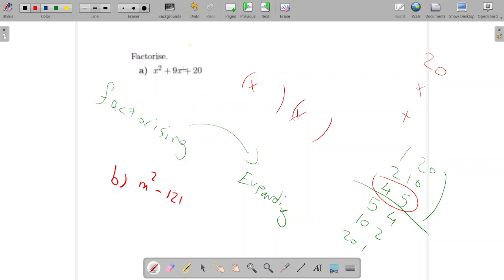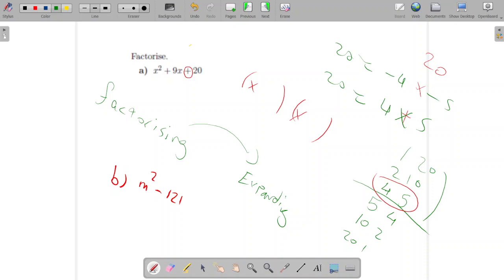What do you have here? You have positive, right? It means that the two numbers could be one of two things: minus 4 by minus 5, or 4 by 5, because this gives you 20 and this gives you 20.